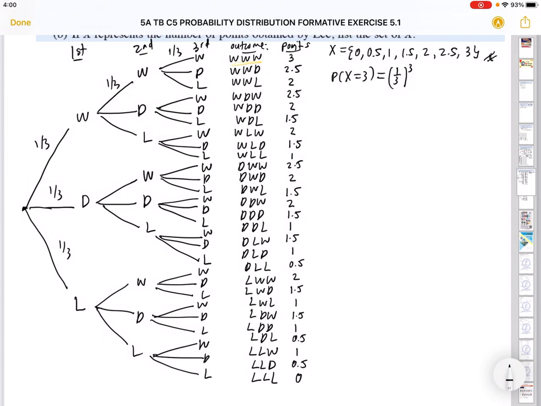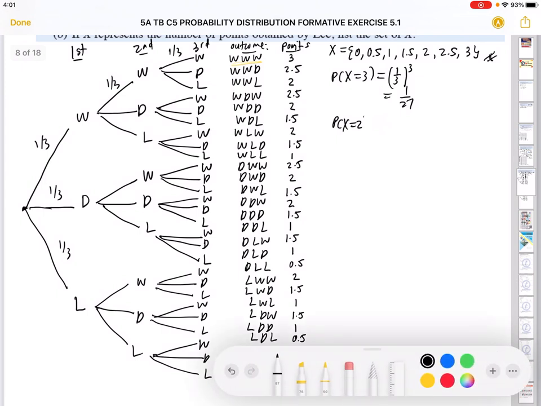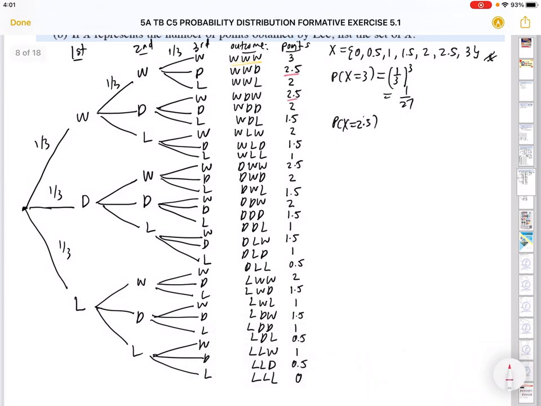Okay, let's look at 2.5 points first. Sorry, we talk about points, not wins. In what situation do we get 2.5 points? Only 3 cases, right? Since the probabilities are all the same, they're all equal. If you don't believe me, you can list out the chances: 1/3, 1/3, 1/3 each.